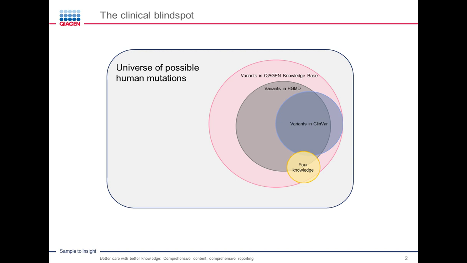And our knowledge base and our applications have been used in over 30,000 publications. Additionally, our platform has now been used to analyze over 750,000 human samples, which to my knowledge is the largest experience of looking at human samples from a genetic standpoint.